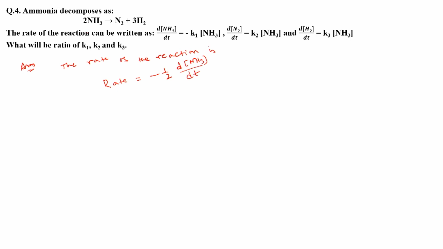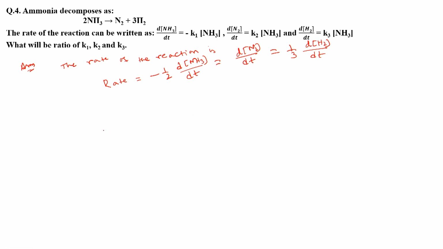So the coefficient is 2 here, so we get half here, and since NH3 is getting consumed, we get minus sign, okay, equals to d concentration of N2 by dt equals to 1 by 3 d concentration of H2 by dt, right. So 3 is the coefficient here, we get 1 by 3 here, and plus sign here for nitrogen and plus sign for hydrogen because they are producing here.